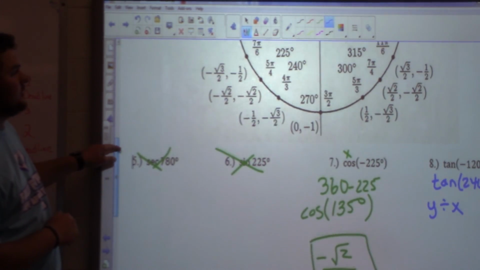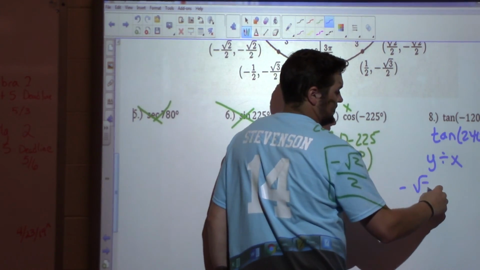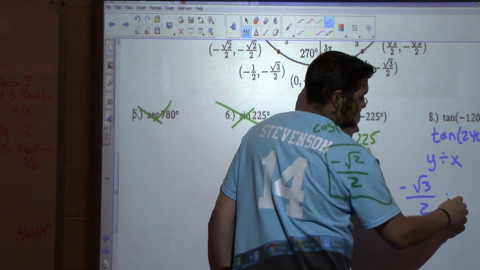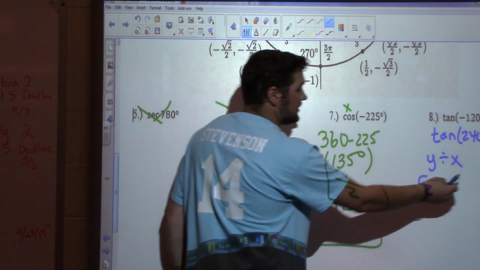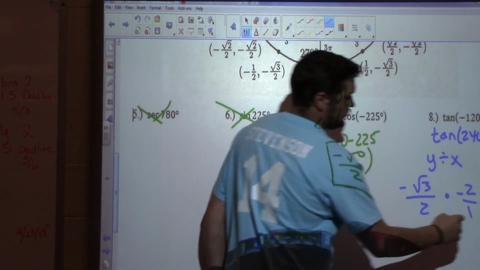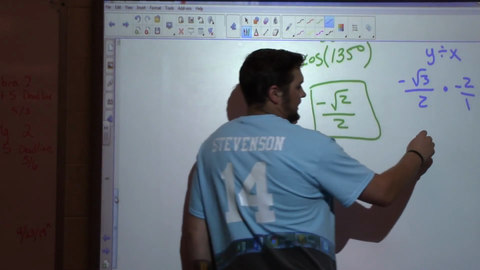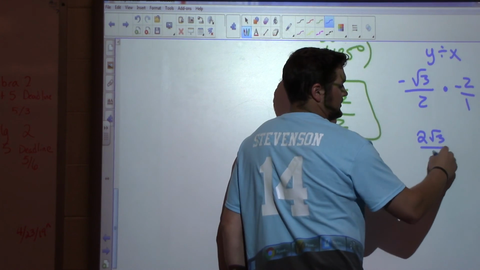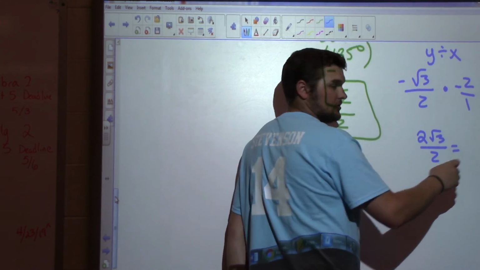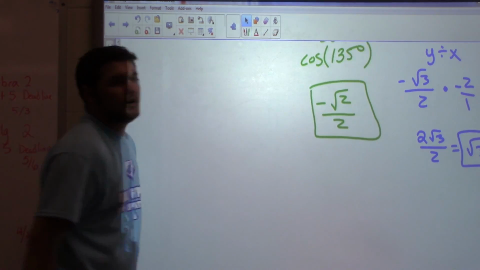So at 240 degrees, y value, negative square root of 3 over 2, times the reciprocal of x, multiply by the reciprocal, negative 2 over 1. I get 2 square root of 3 over 2, which should just equal square root of 3. Any questions?